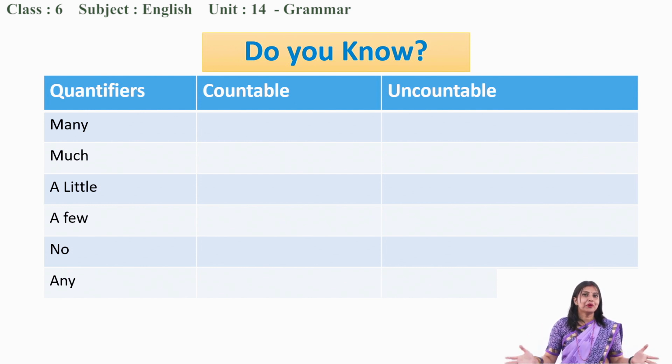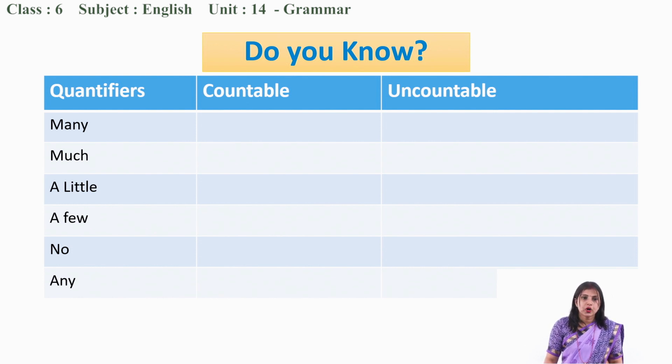We have learnt about quantifiers, but we need to know whether they should be used with countable nouns or uncountable nouns. So here I have listed a few quantifiers which have been mentioned in your book also, which will help you to write correctly. Here is countable and here is uncountable.